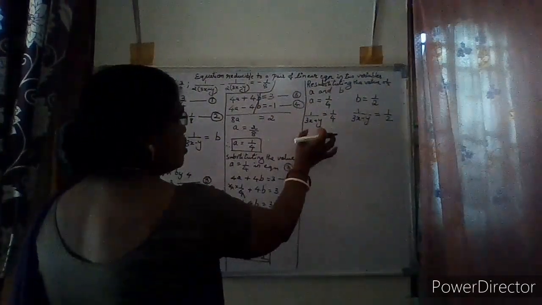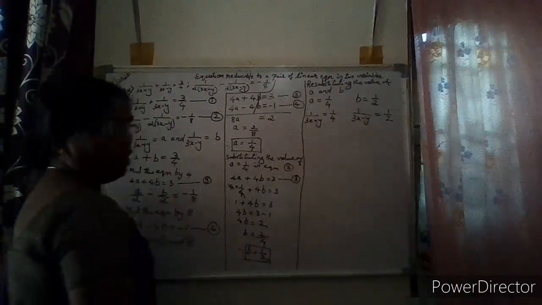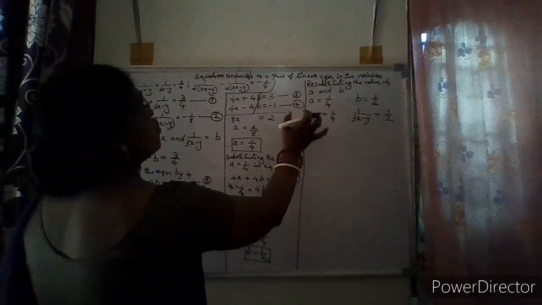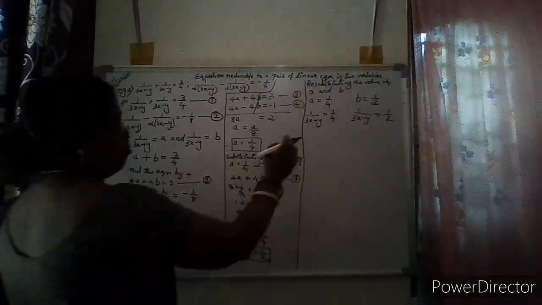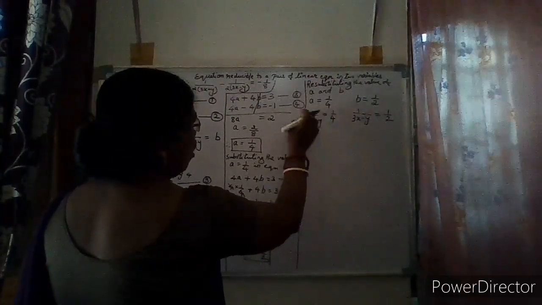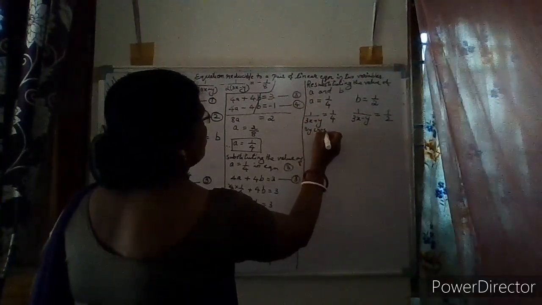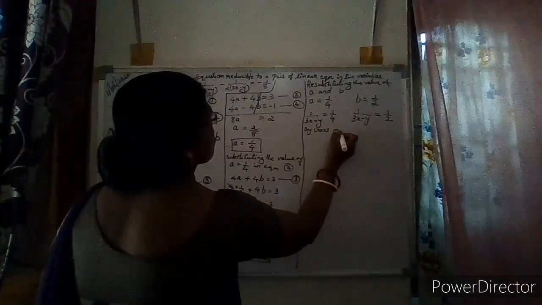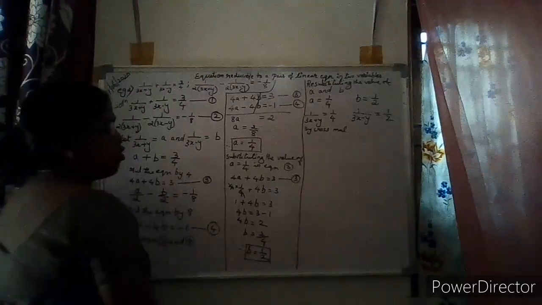So now we have got a rational number on both sides, left hand side and right hand side. So now we can cross multiply and bring them in the linear form again. So by cross multiplication, for both the equations we have to do cross multiplication.